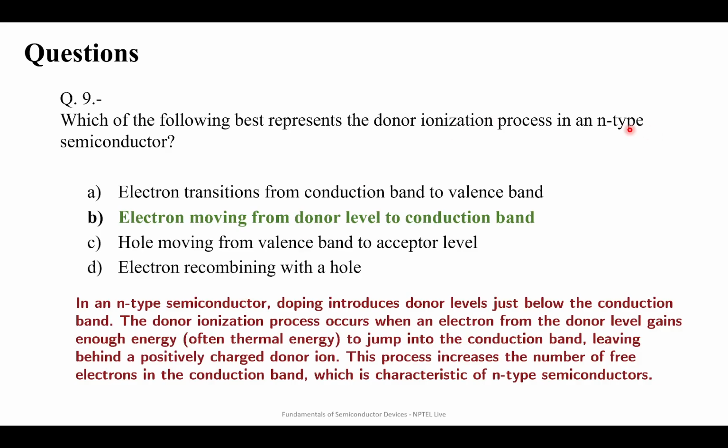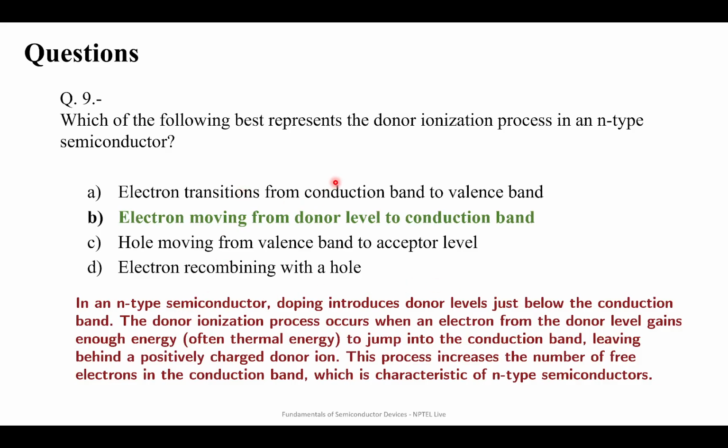So when you have an n-type semiconductor, when you dope it, it introduces donor levels just below the conduction band. So that is how the Fermi level is increasing.